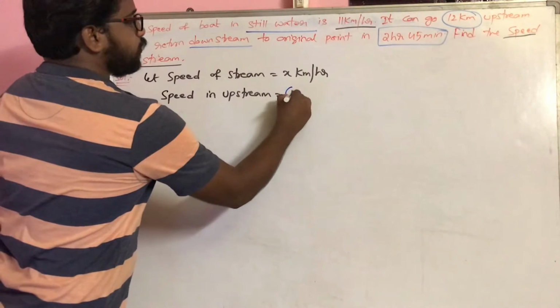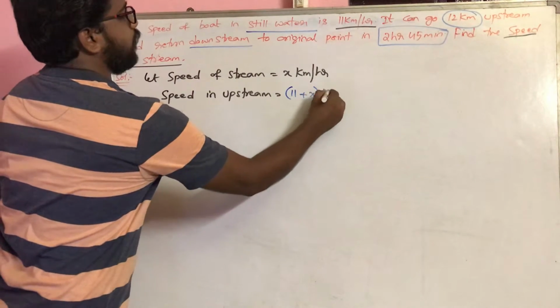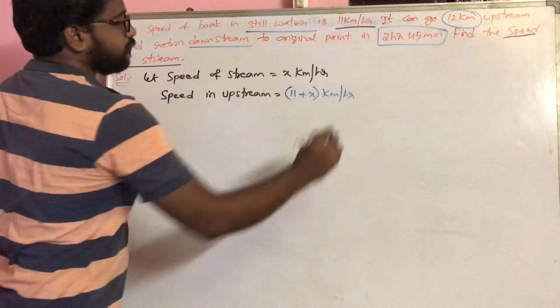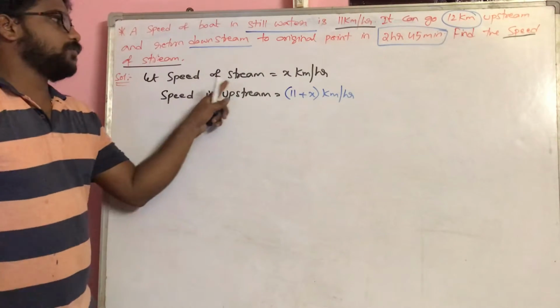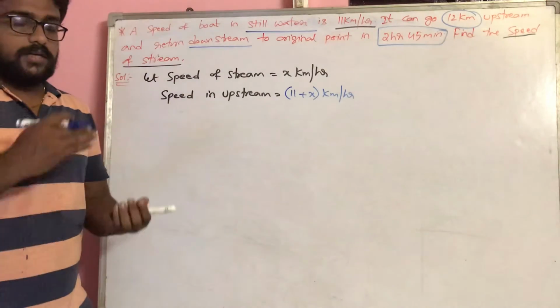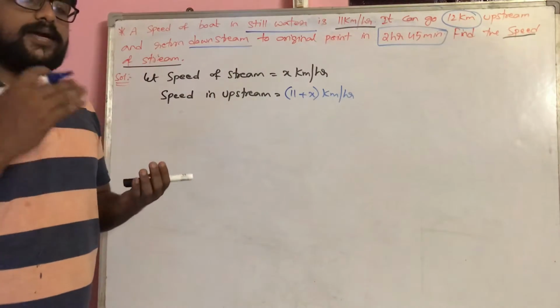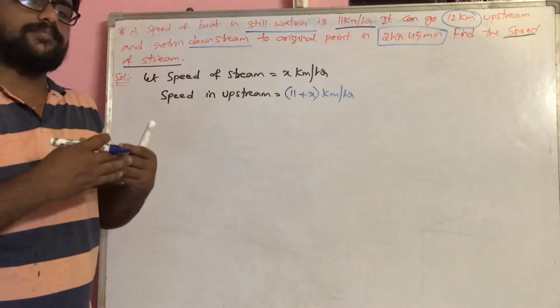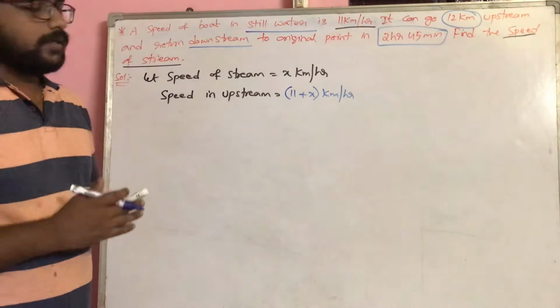That means the total speed in upstream will become 11 plus x km per hour. Why? Because the water speed is x km per hour and the boat speed is 11 km per hour. In the upstream, both speeds get added, and then only can you easily climb that upper part.